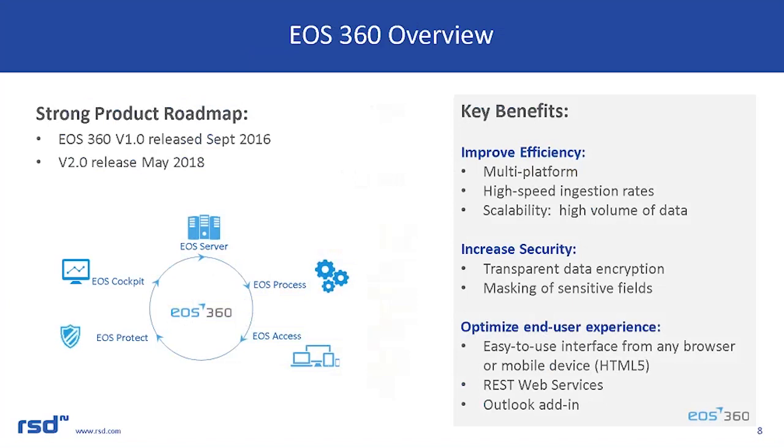EOS 360 is a proven, scalable, and reliable output management solution. Version 1 was released in September 2016. EOS 360 version 2 will be released in May 2018.